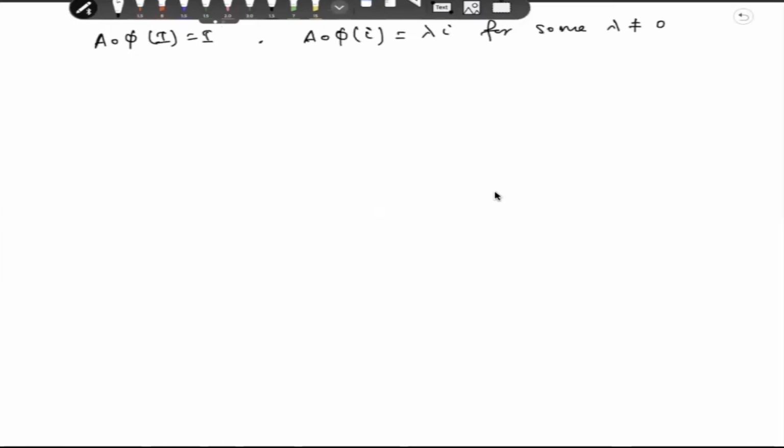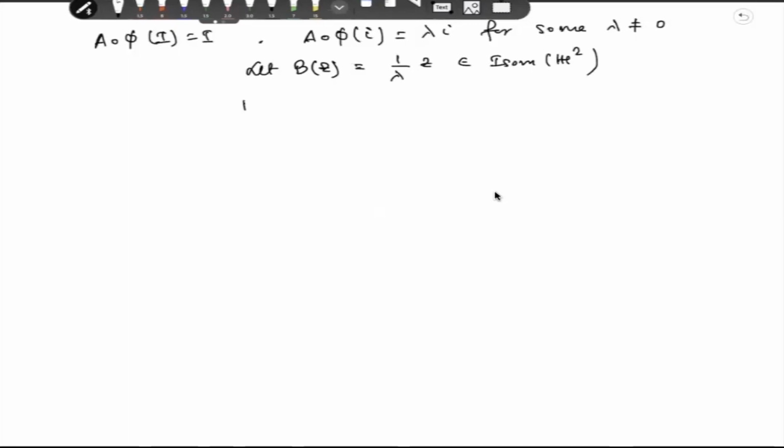Now let B of z be equal to 1 by lambda z. This scaling is again an isometry of the upper half plane.